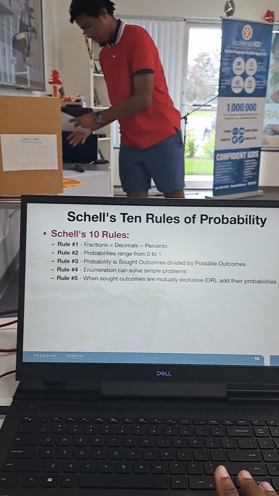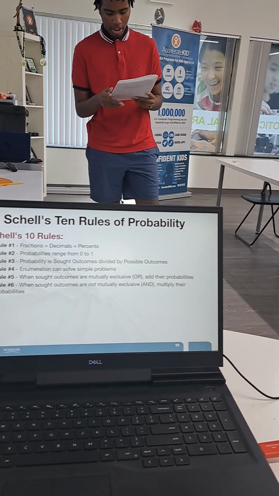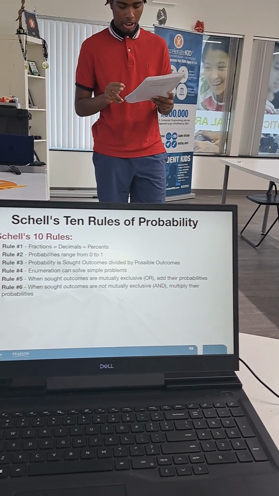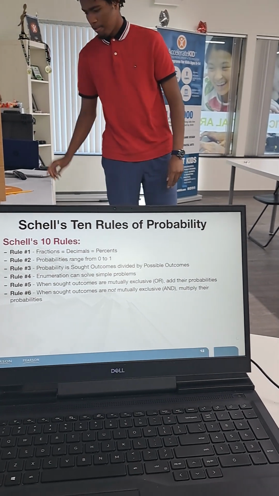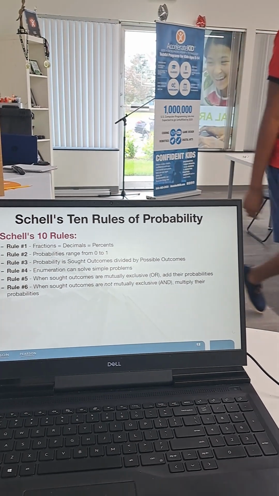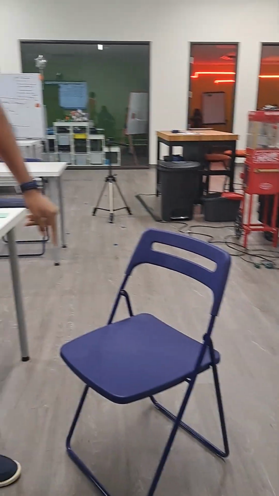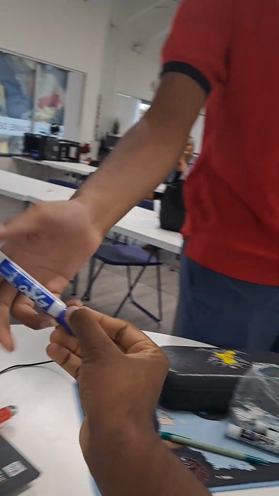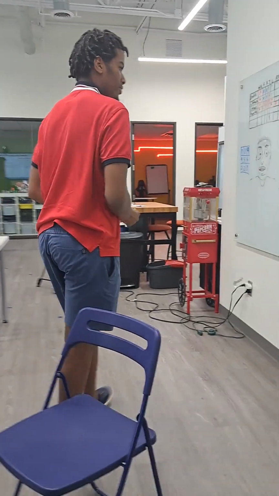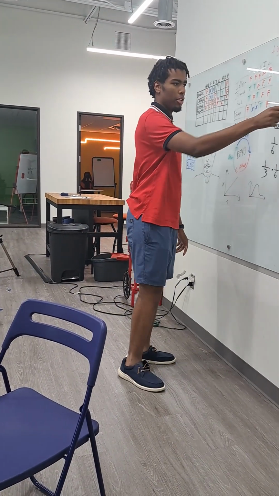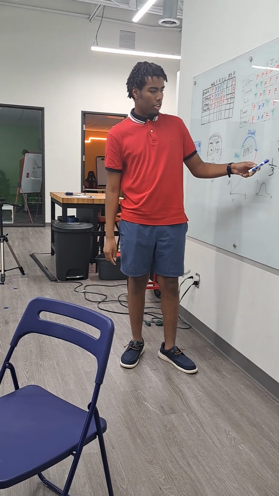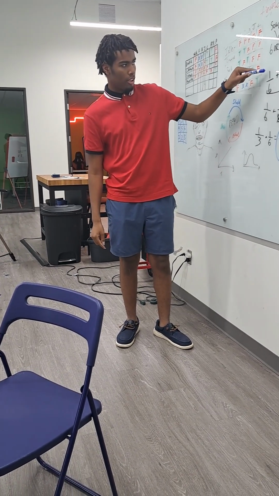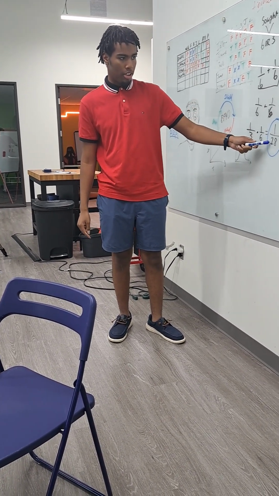Rule 6. When sought outcomes are not mutually exclusive, multiply their probabilities. So what that means is, did I see your marker right there? Thank you. You remember this 1/3 from this equation right here? If we get this 1/3 and multiply it by this, you get 1/18.